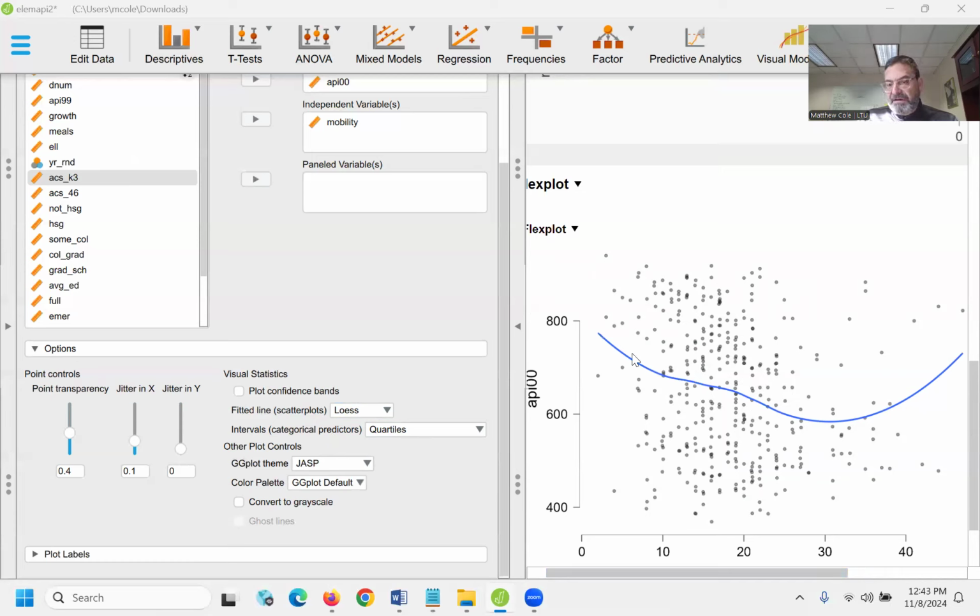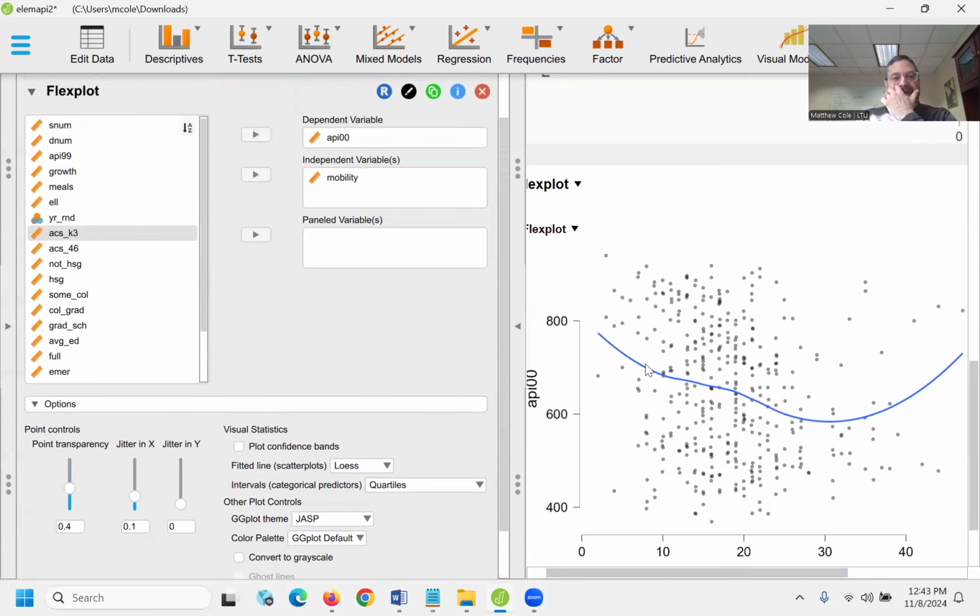And we see here a very strong linear relationship, but then as the percentage increases, we have these scores that are outliers. There's a few school districts or a few schools where they have a high percentage of new students and the academic performance is quite high. Probably not enough for a nonlinear relationship because there's just not a lot of data here.